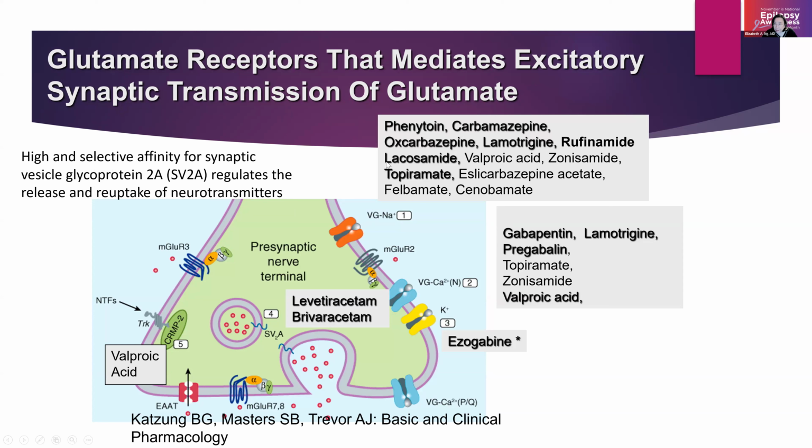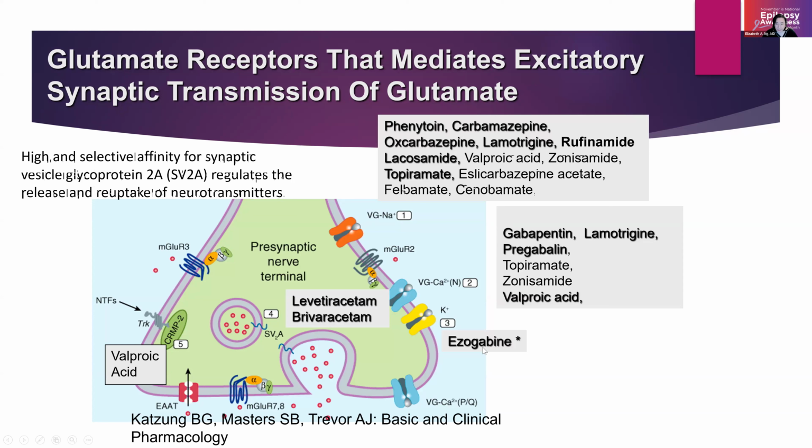So you see here, these are the anti-seizure medications that work at the voltage-gated sodium receptor to decrease the transmission of glutamate, therefore decrease excitation, and to stop the seizure. These are the medications here listed that work at the voltage-gated calcium receptor, which works to decrease glutamate transmission and therefore decrease excitation and seizures.